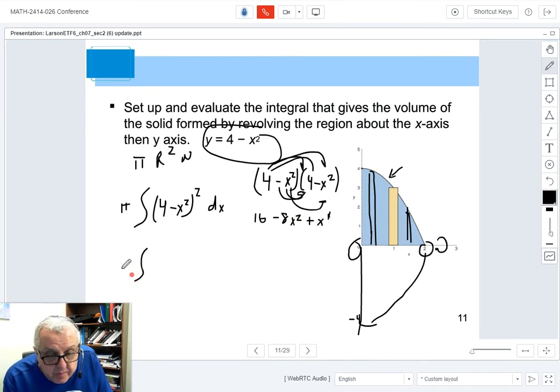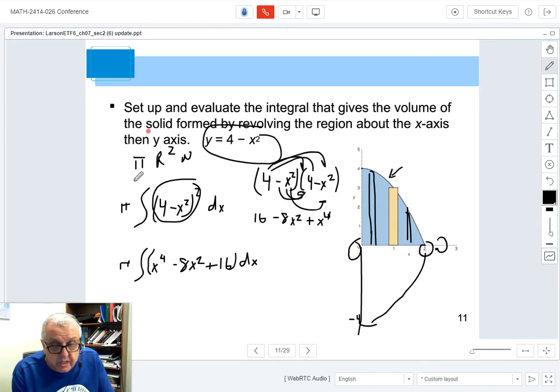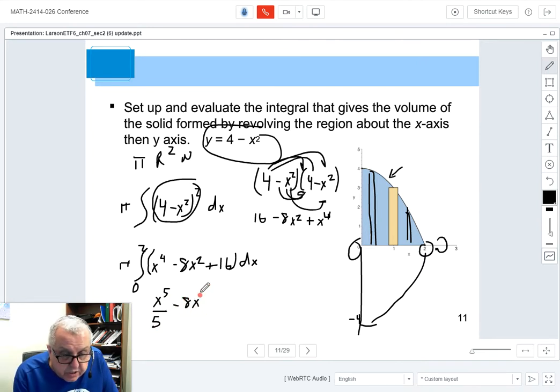So we end up integrating x to the fourth minus 8x squared plus 16. Now I'm going to integrate that, once again from 0 to 2. X to the fourth integrated is x to the fifth over 5, minus 8x to the third over 3, plus 16x.